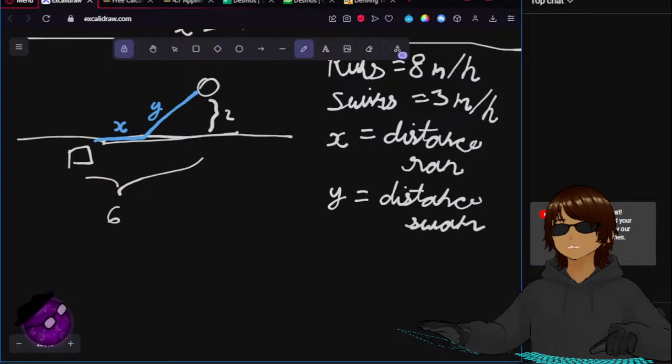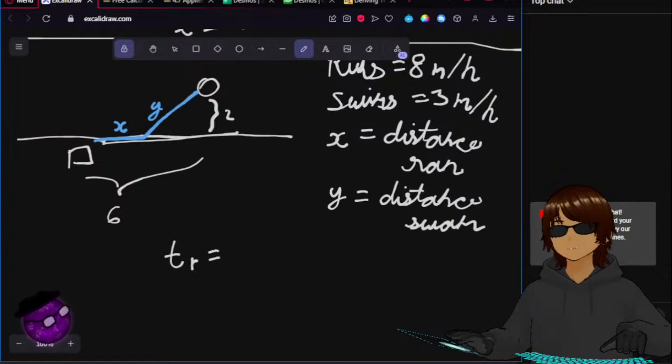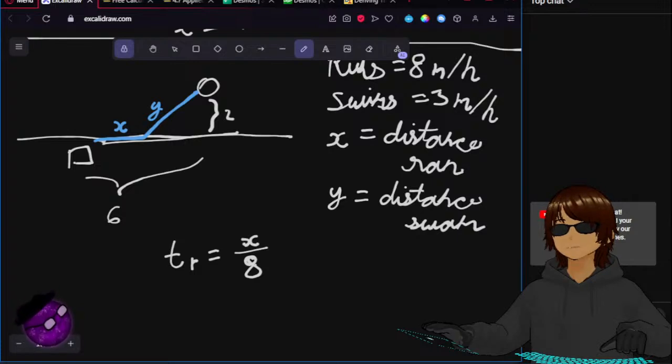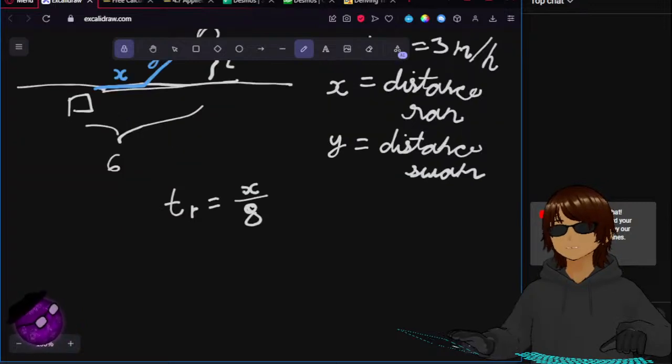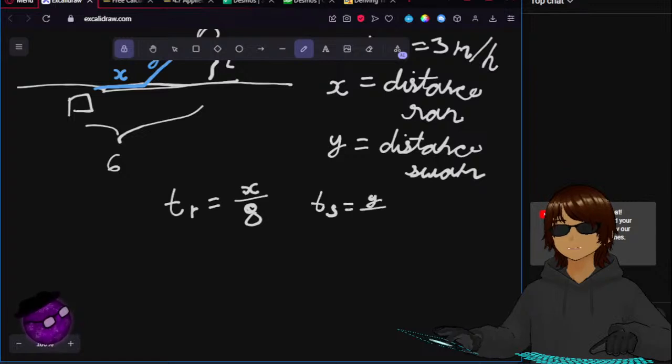If he runs 8 miles per hour, so time running, that's the time he ran, is x divided by 8, right? And then time swam is y divided by 3.